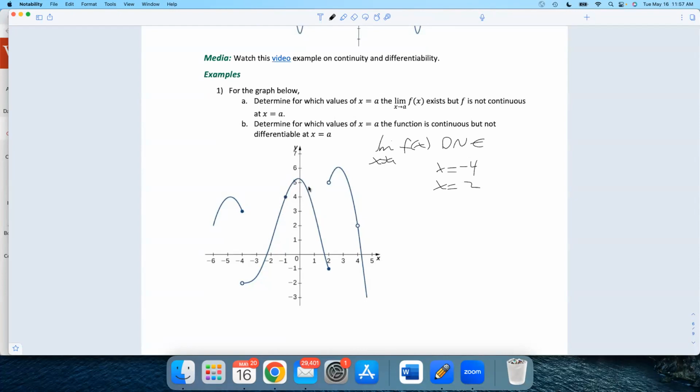Sometimes students get confused by this. At every point on these graphs, there's a solid dot. There's a solid dot everywhere. We just don't draw them all unless there's some ambiguity and we're not sure. Like here, they can't both be a solid dot or this would fail the vertical line test.